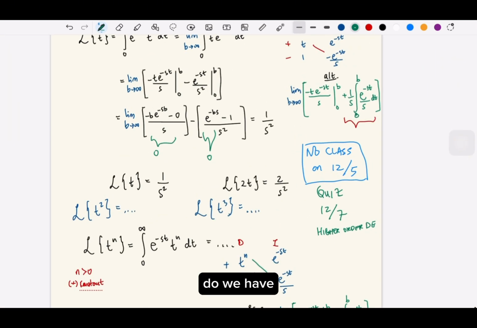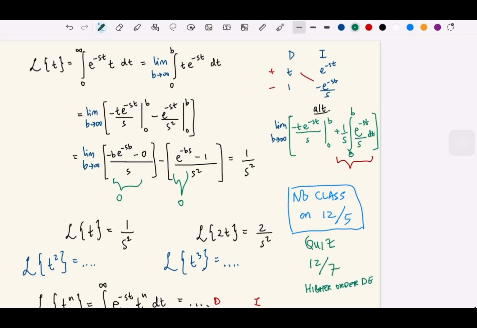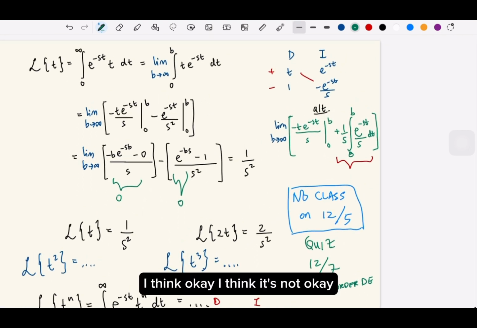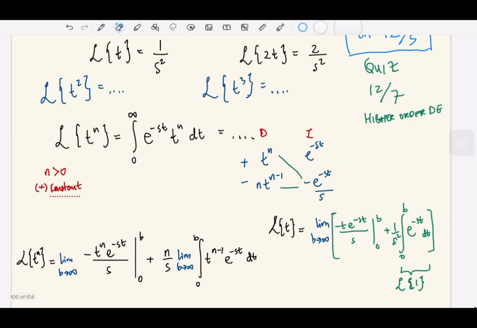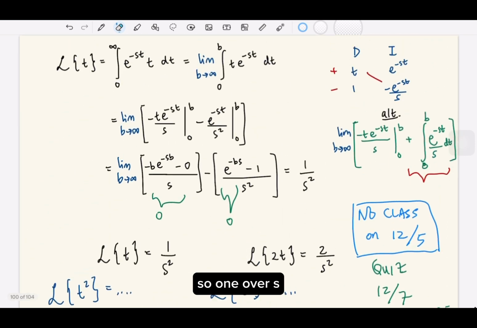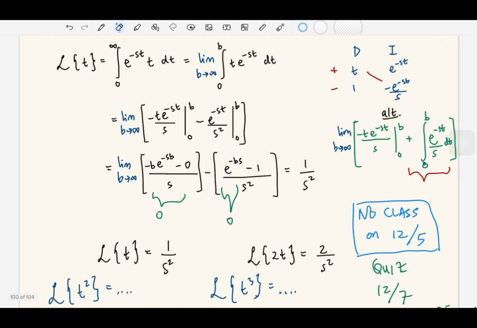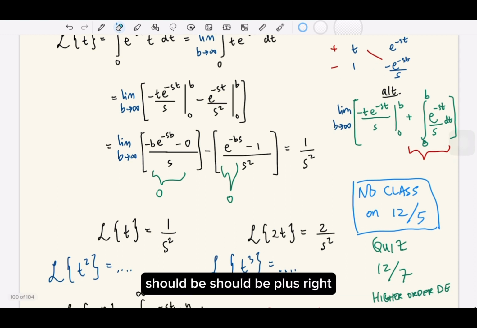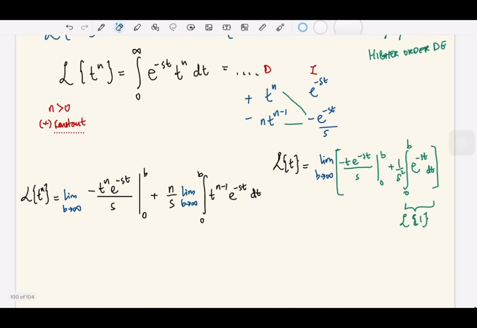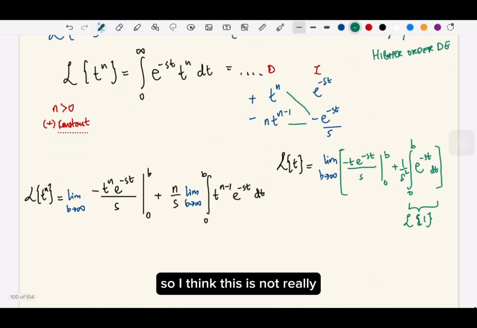I think this is not quite right, so a little bit should be there. So 1 over s, should be plus, right? So I think this is not really okay.